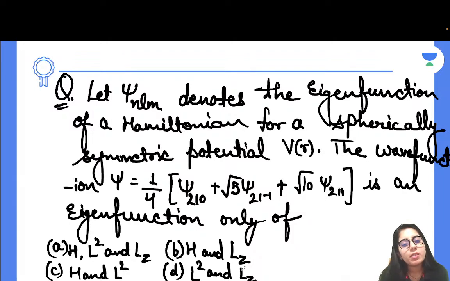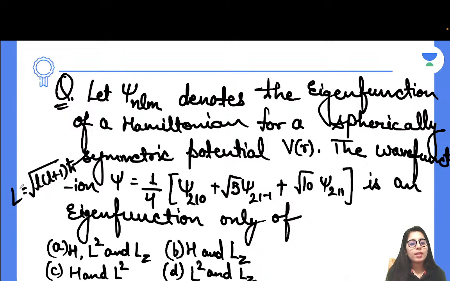So here you have to consider which of these operators psi is an eigenfunction of: H, which is the Hamiltonian, L square, and Lz. L is the angular momentum quantum number, so you can consider L as the square root of l times l plus 1 times h cut. When you operate it on psi, you get this. If you consider L square here, the square root gets removed and h square will be there, right? Other than that, Lz gives you m h cut, and psi n l m remains as it is.